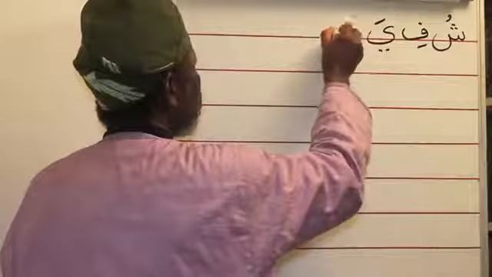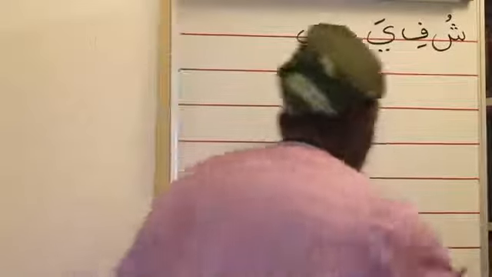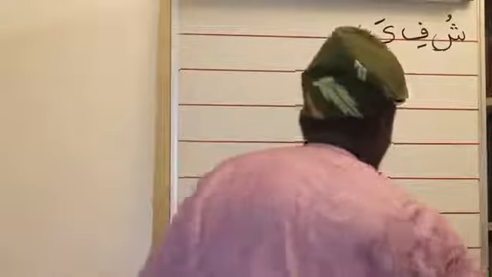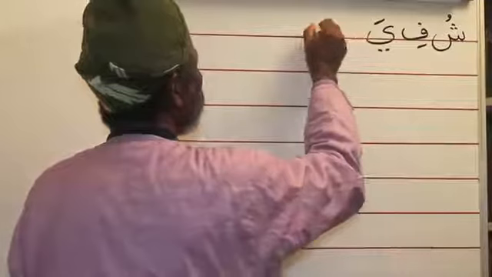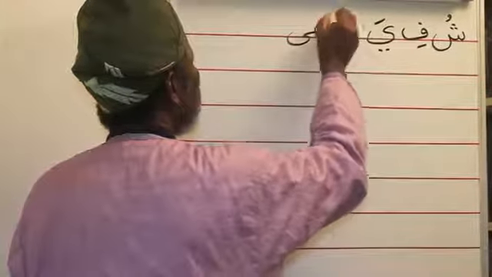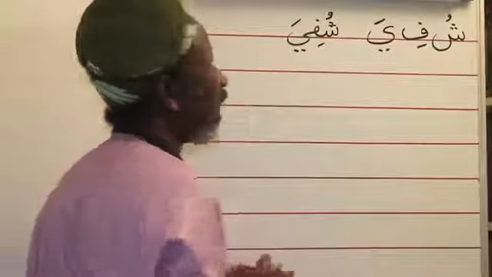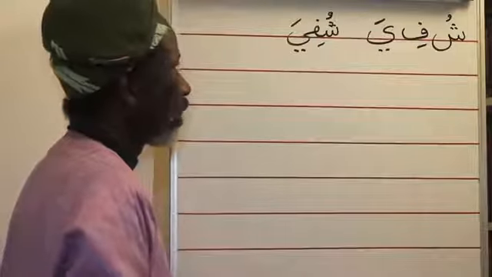Join nicely, continue. Let's write that Ya in a different format at the end to make sure that you see what's going on. Shufiya. Go back, put your vowel, shufiya. That's shin, the beginning.